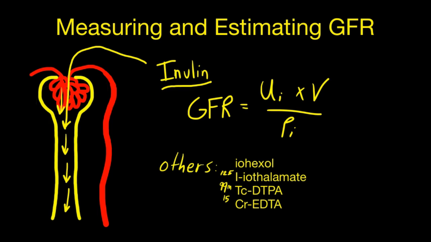In fact, most of the people who get GFR actually measured are patients being evaluated for live donor surgery, because in that case we are interested in whether they could lose a kidney or not, and we actually need to know the GFR. But for the vast majority of patients, we don't measure the GFR. Instead, we estimate it using endogenous markers. So let's talk about that.